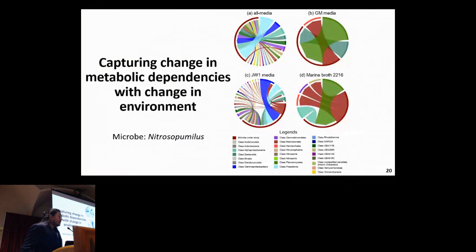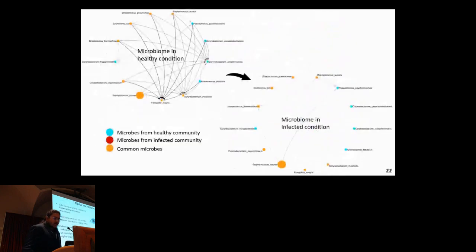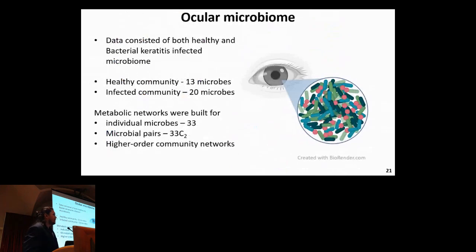In the case of the hydrothermal vent, our collaborator gave us information about the different media compositions, so we used those. In the case of the ocular microbiome, we used the package COBRApy, with which we are able to get minimal media.